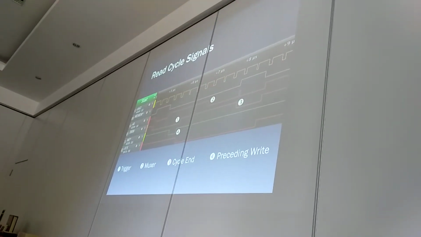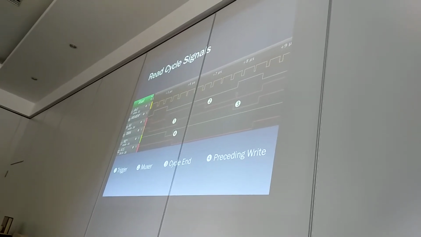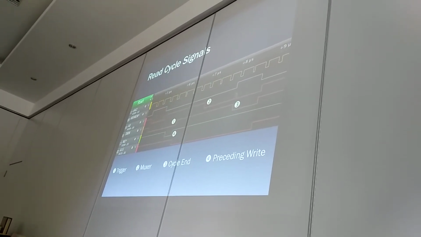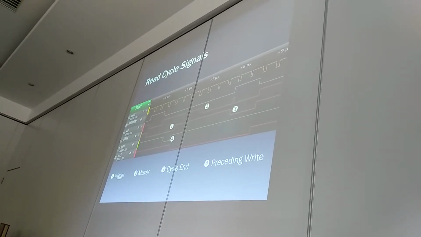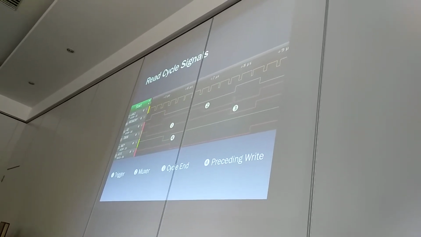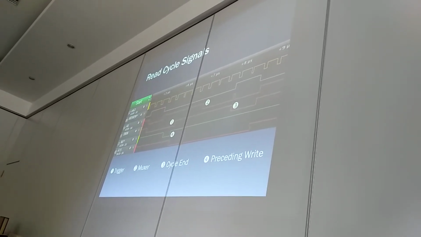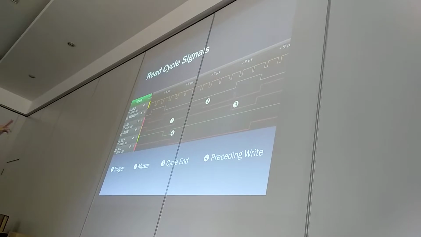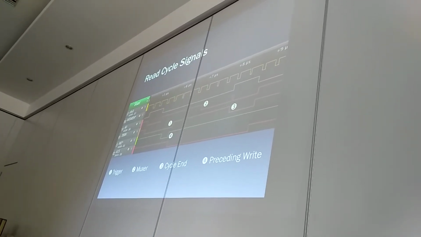Now let's dive deep a little bit. How does it work? But it's just 3 slides. Here you can see what happens on the bus during a read operation. You have a bunch of signals. Phi 3 is just the clock. It doesn't really matter, I just included it here.